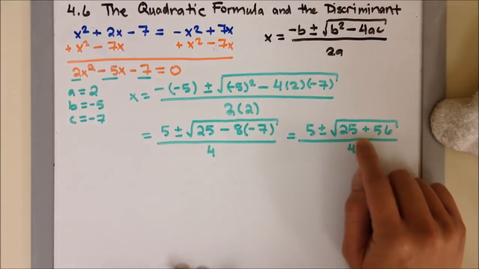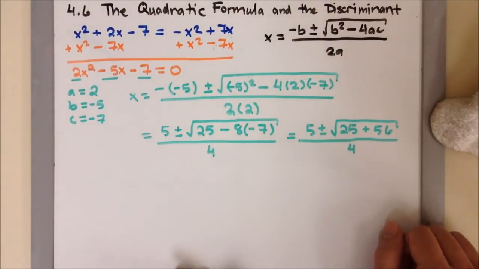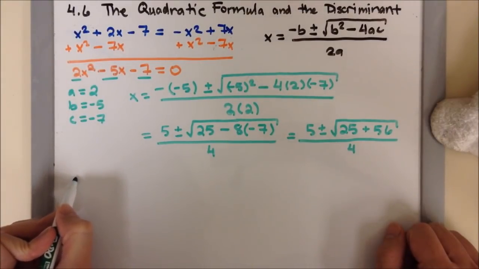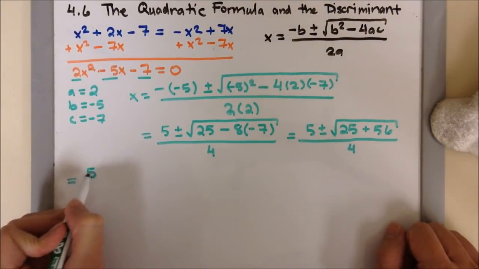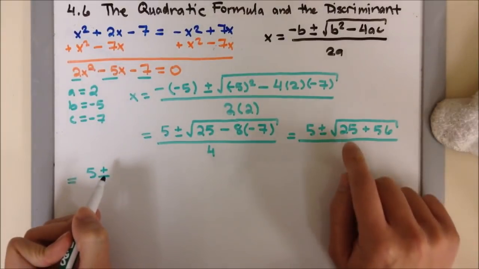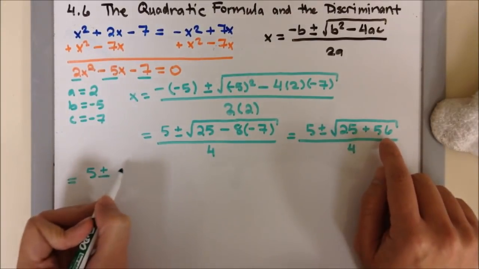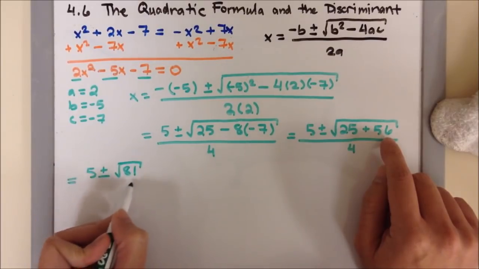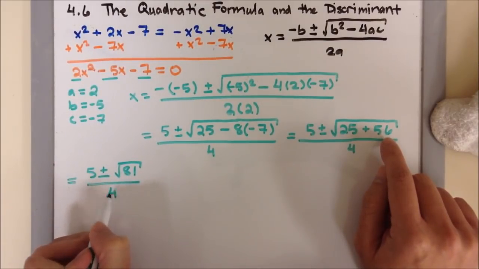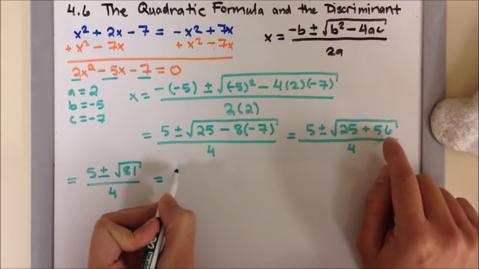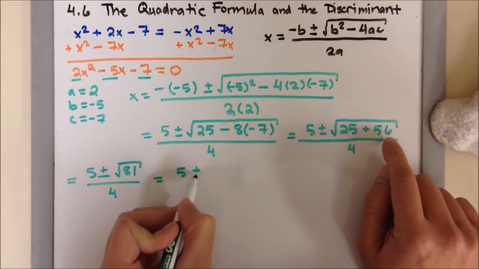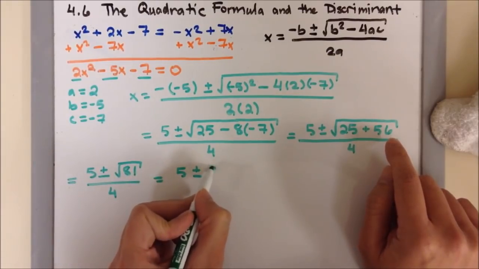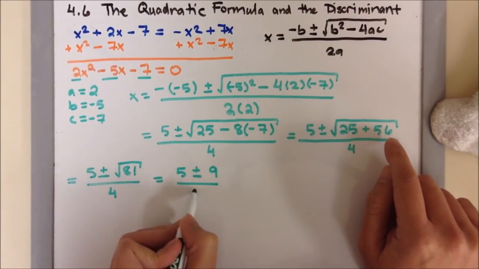So it's 25 plus 56 inside the square root. So we're going to combine the numbers inside. So I'm going to write it over here because no more space. So 5 plus and minus 25 plus 56, that will become 81 inside the square root over 4. So I can still simplify. 5 plus and minus the square root of 81 is just 9 over 4.